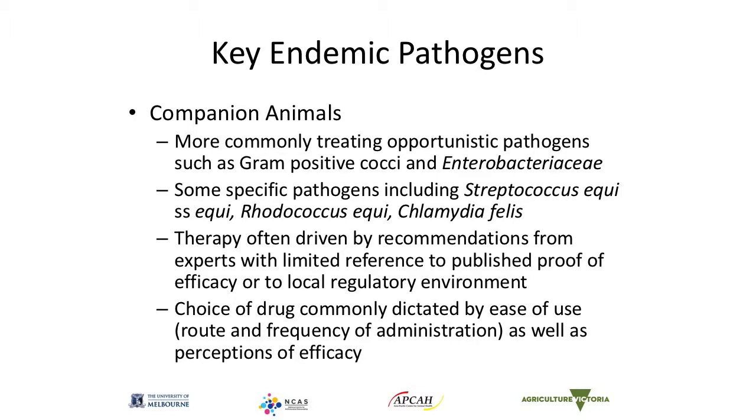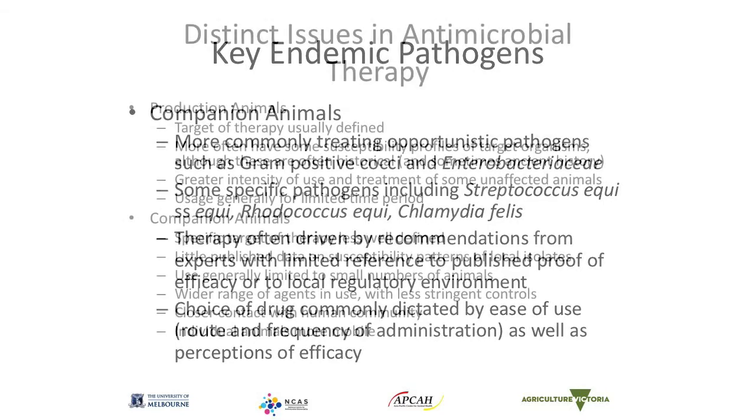Therapy is often driven by recommendations from experts, and often there is limited reference to published proof of efficacy or to the local regulatory environment. The choice of drug is commonly dictated by the ease of use, particularly the route and the frequency of administration, as well as perceptions of efficacy for treatment of that particular condition.